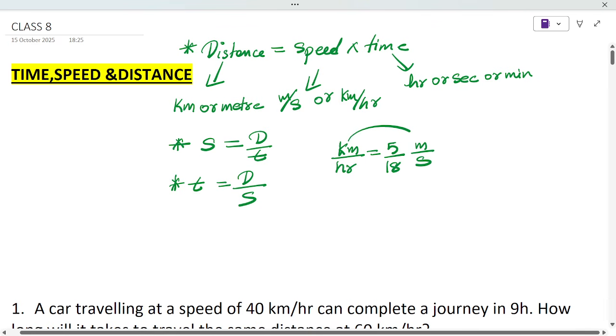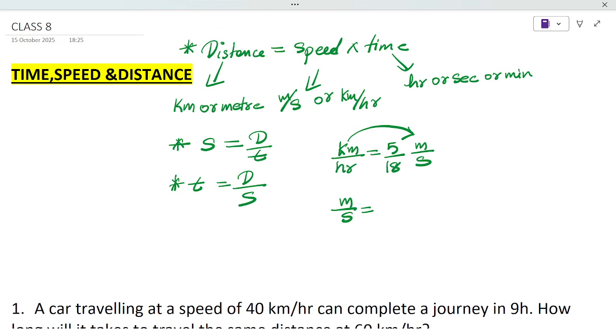Now if you want to convert from meter per second to kilometer per hour, then it will be the reciprocal, 18 by 5. So keep that in mind. Now just by seeing their SI unit, we can say which one is distance, which one is speed, which one is time also.